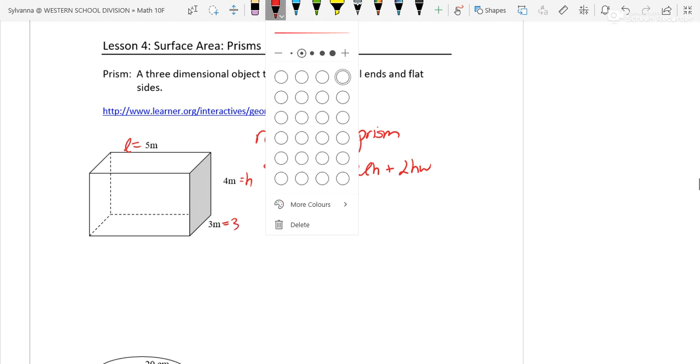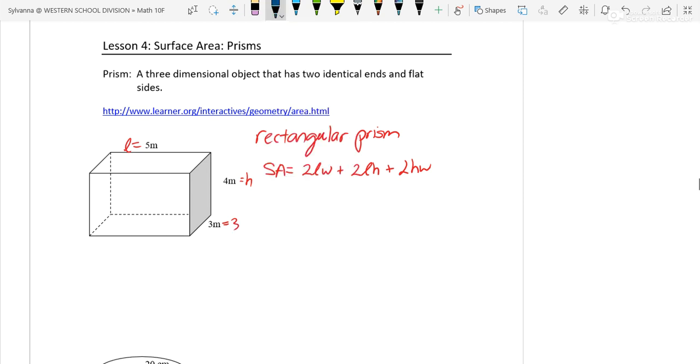If we think about where this formula comes from, just think about the different sides we have. This is the front face, and this is a 5 by 4. In other words, this is length, and this is height. And then I know I have the face at the top.